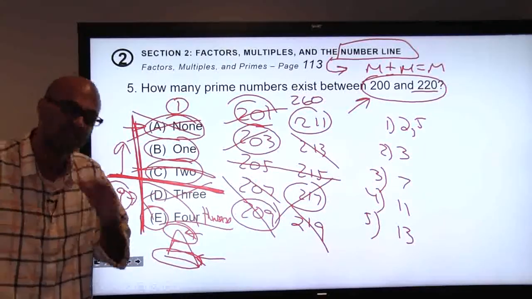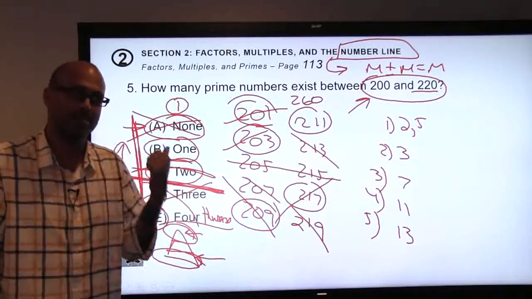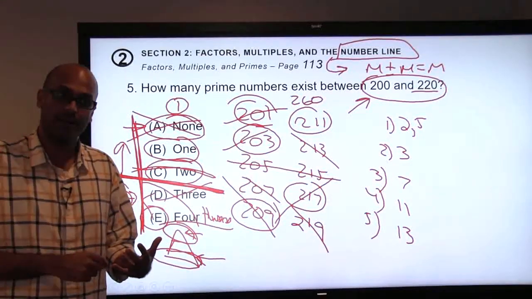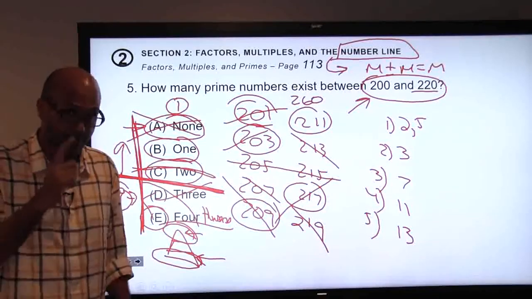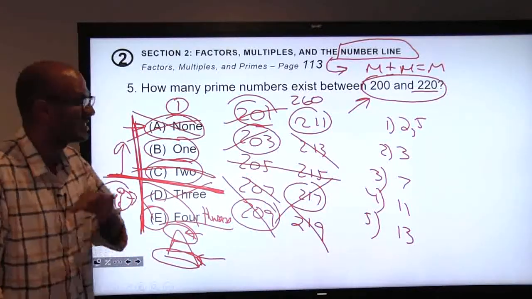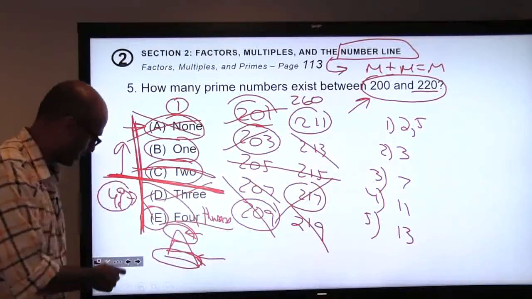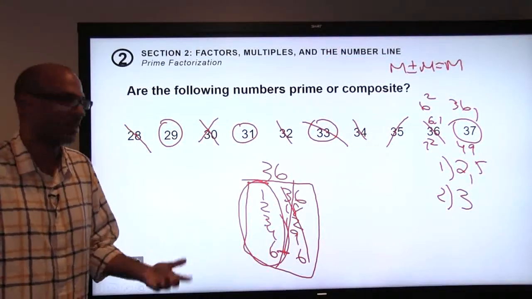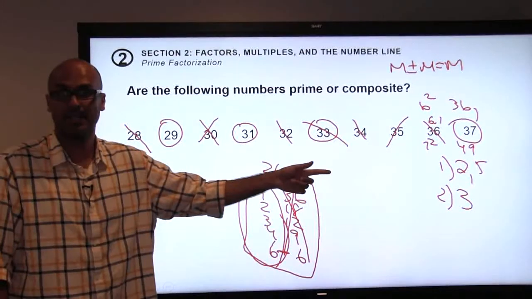It takes me a hell of a lot longer to talk about this question than it does for me to execute. And so what I want you to start to see for a split second is, this is the same exact question as this. Same exact question, the same exact process.